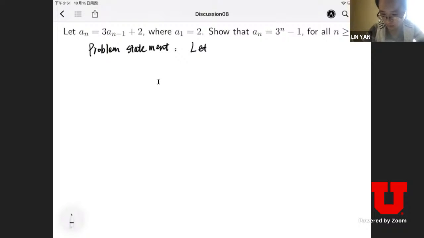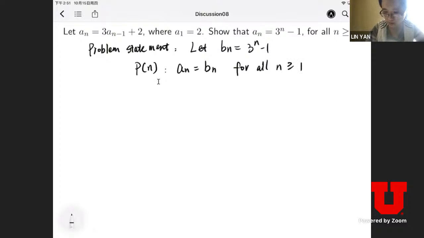We let the right-hand side Bn be equal to 3 to the n minus 1. The statement Pn is that An is equal to Bn for all n larger than or equal to 1.